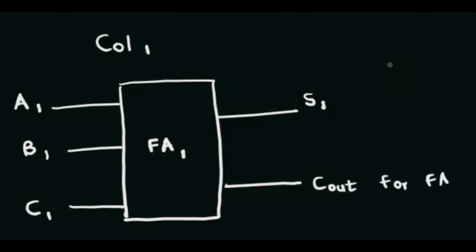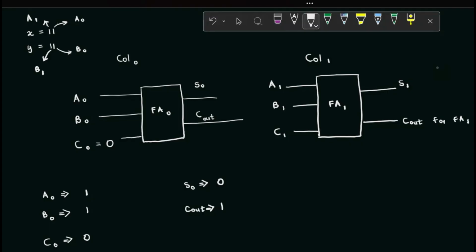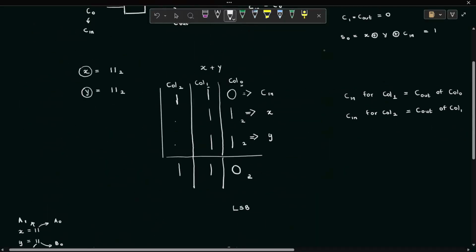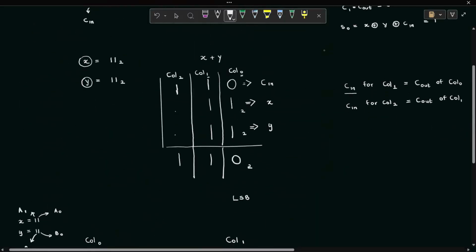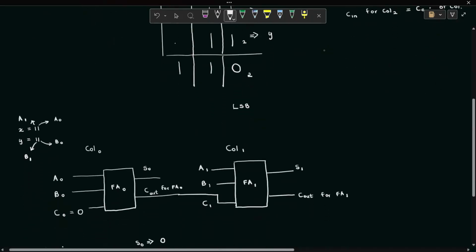Now, the important idea is that the C out for FA0 is the C1. As we learned in addition, C in for column 1 is the C out of column 0.